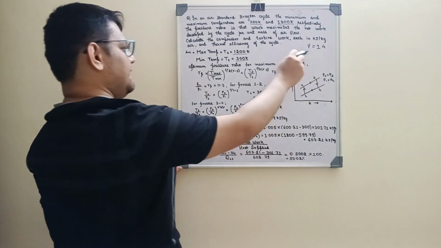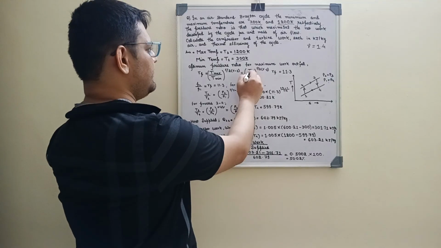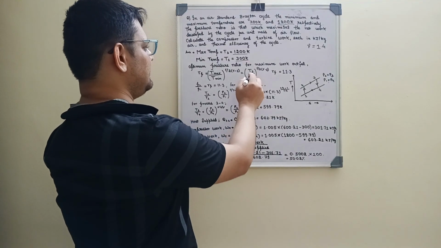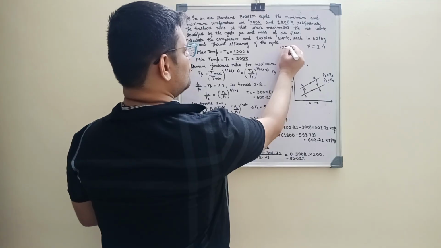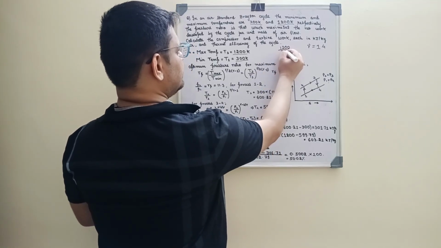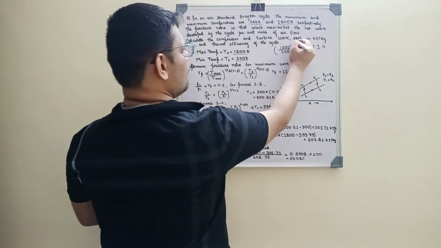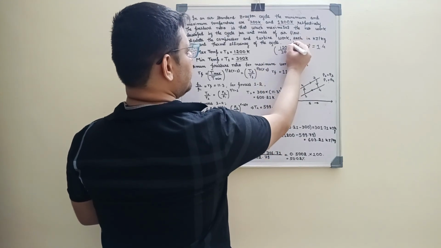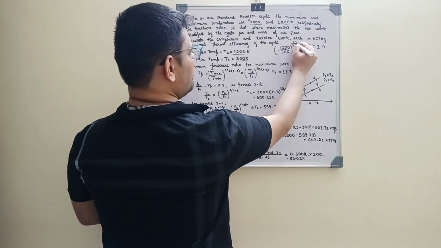So we put the values here: T3 is nothing but 1200 and T1 is 300, to the power 1.4 divided by 2 into (1.4 minus 1).